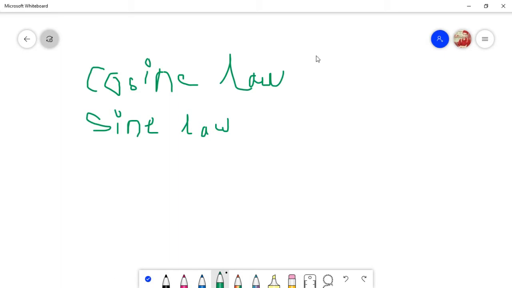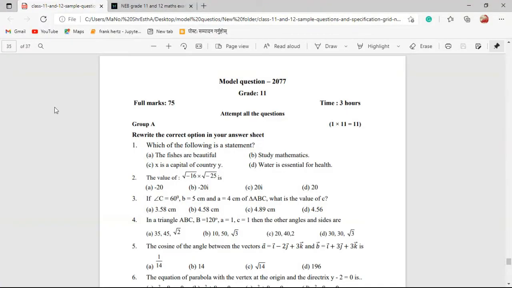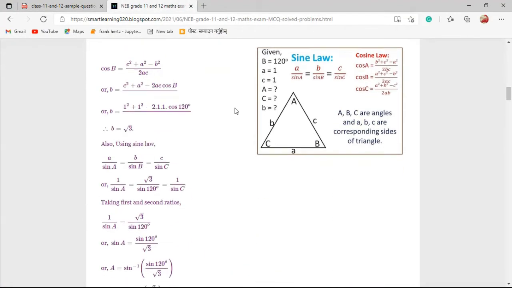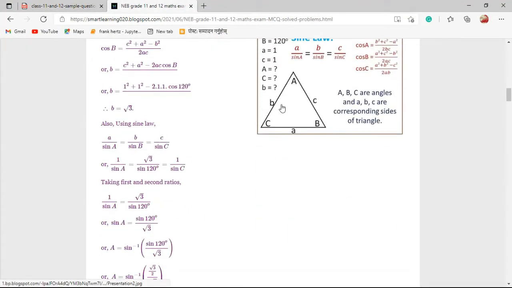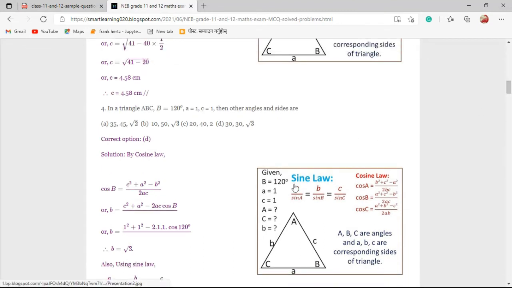I have also given a photograph here of the sine and cosine laws. See, this is the sine law and this is the cosine law. You have already used the cosine law, and in this question you will also be using the sine law.